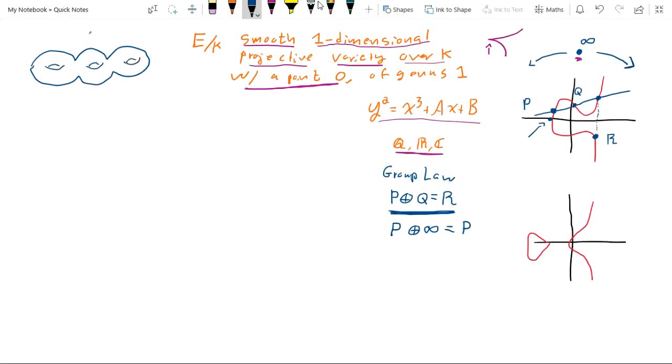So this triple donut has genus equal to 3, for example. Now, this is a weird thing to think about because this definition works for any field K. So this could even be some finite field of order p to the n, in which case the topological notion of genus doesn't really make a whole lot of sense.